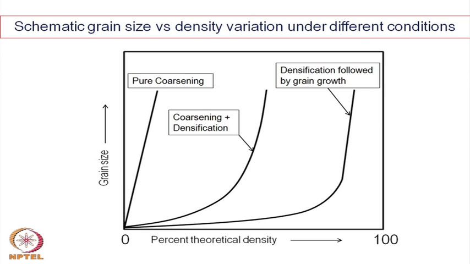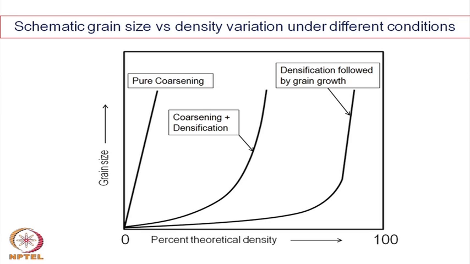One of them, of course, is the grain size. The starting particle size is finer, and as we sinter or densify more and more, the grain size also starts increasing. However, it is not a uniform increase.